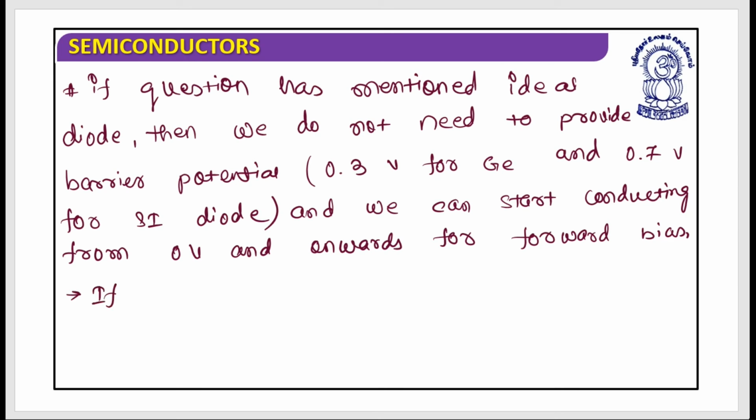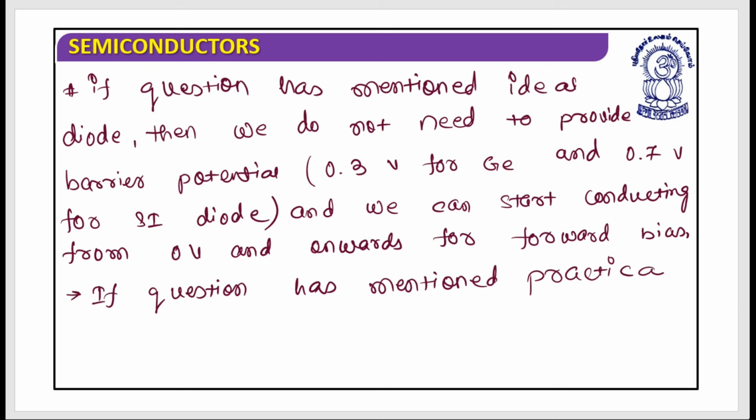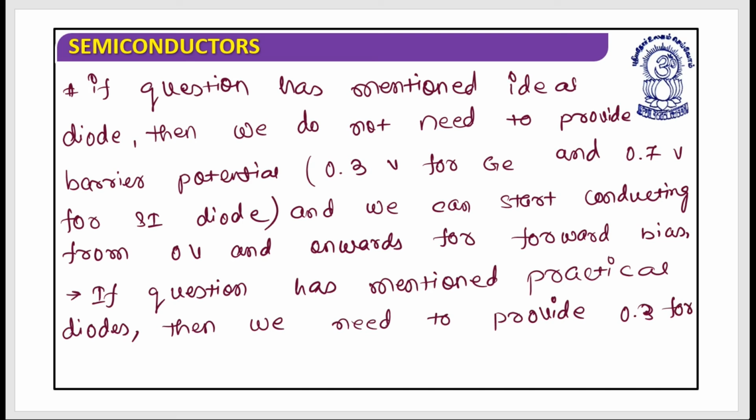But if the question has mentioned practical diodes, then we need to provide 0.3 volt for germanium and 0.7 volt for silicon diode.